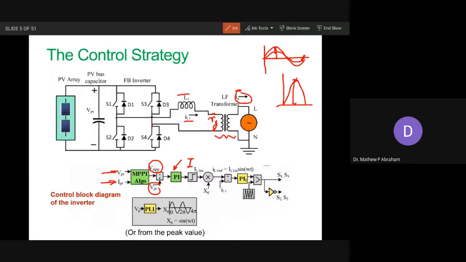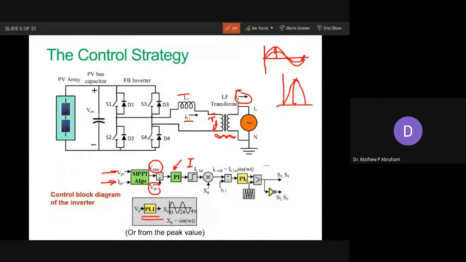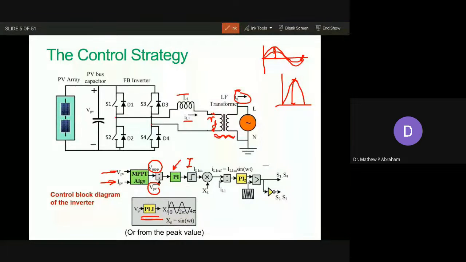That current to be injected must be multiplied by a unity sine wave, in phase with the grid voltage. That unity sine wave in phase with the grid voltage is created by what is called a PLL, phase lock loop. So the grid voltage will be given to a PLL, and it will produce a unity sine wave.